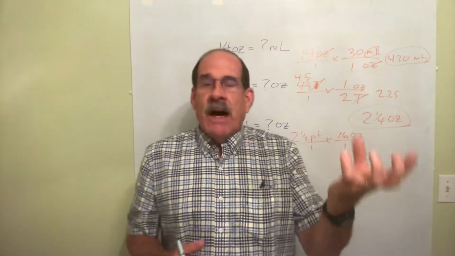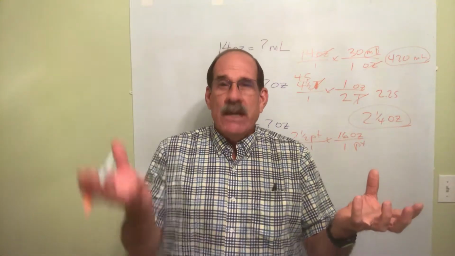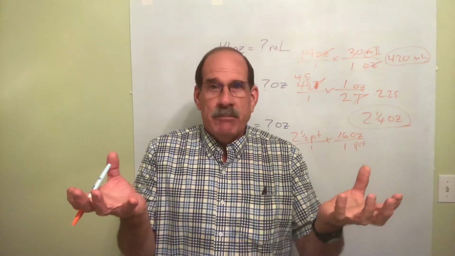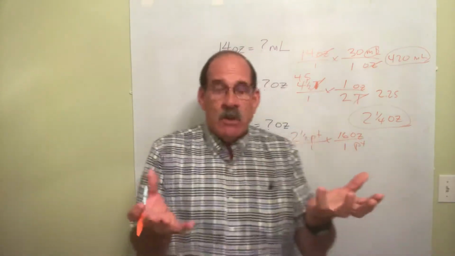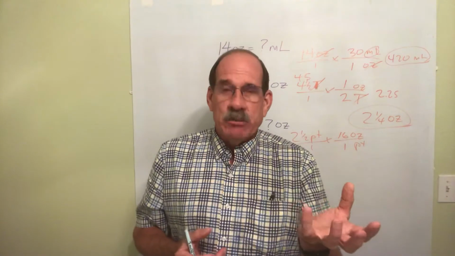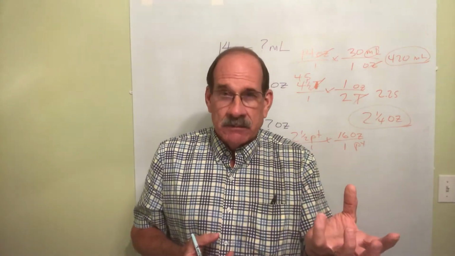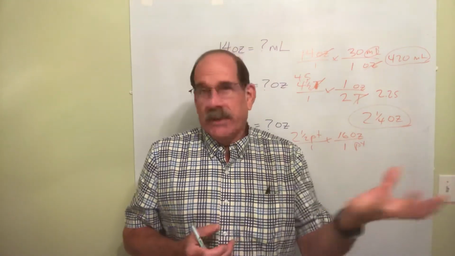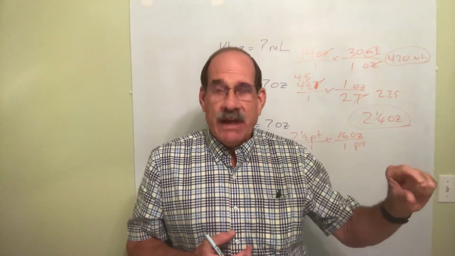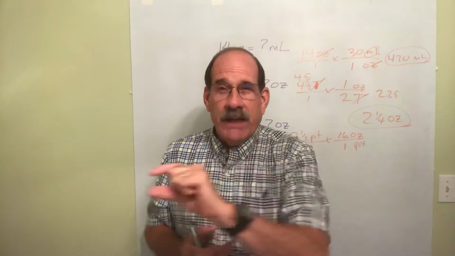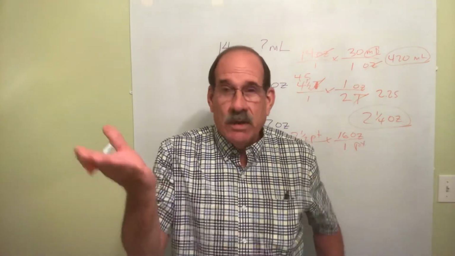If you got a pint of water, it weighs 1 pound. Like pint, pound, pint, pound, even sounds alike. So 1 liquid measurement, a pint, weighs 1 pound. There are 16 liquid ounces in it. The liquid ounce weighs 1 weight ounce.